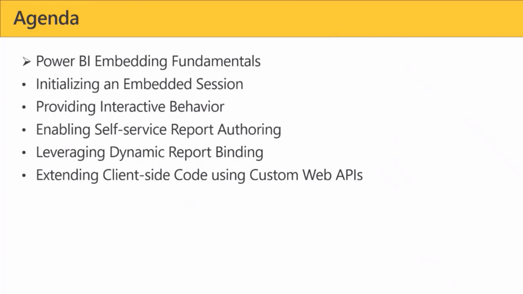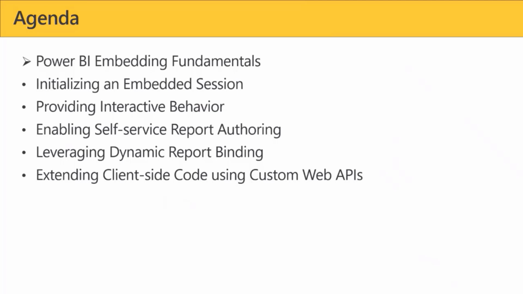Okay, now, the next thing we're going to do is start by covering very quickly some of the fundamentals of embedding. We're going to talk about initializing an embedded session. So what are the things that we do as the report, or whatever other type of embedded artifact it is, is loading into the iframe. We're also going to talk about providing interactive behavior.